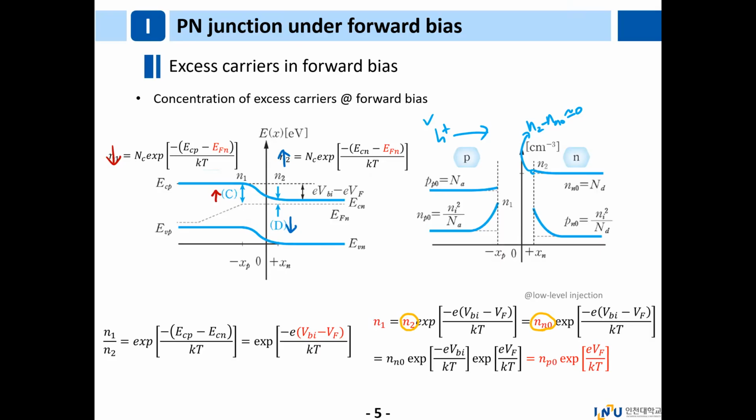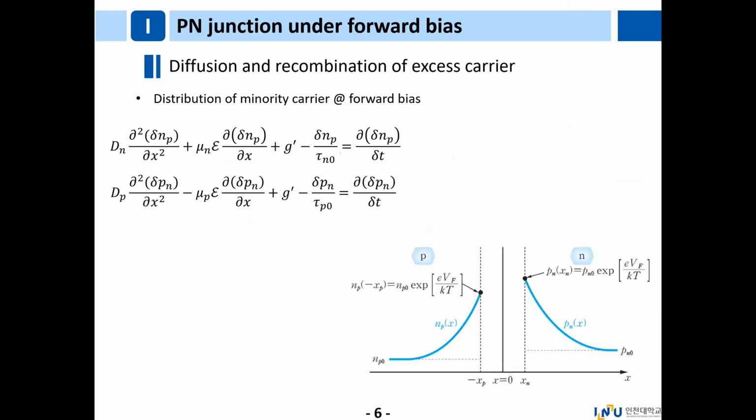Similarly, the concentration P1 of minority carrier holes at x equal xn can also be defined in this way. After all, when a forward bias is applied, each region acts as a continuous source of minority carriers for the other region.